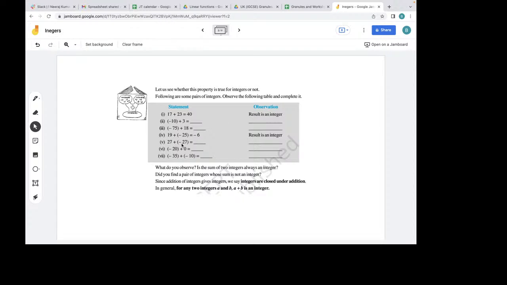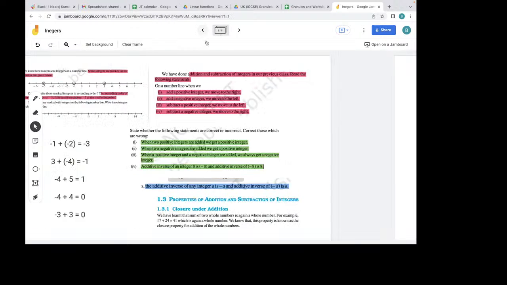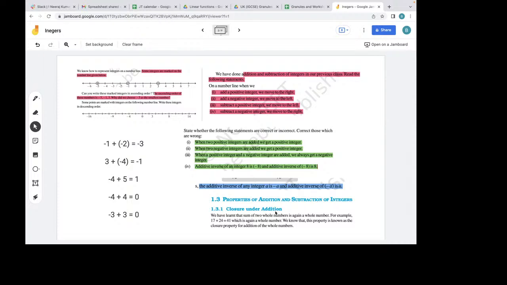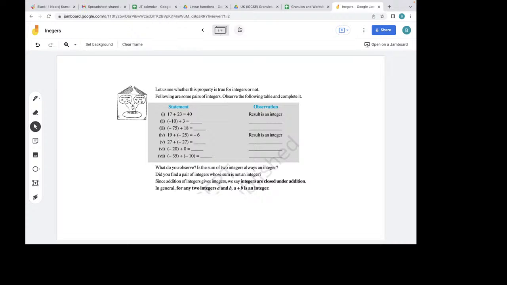So that means if you add two integers, you are always going to get an integer. So the integers are closed under addition. They follow the closure property of addition.